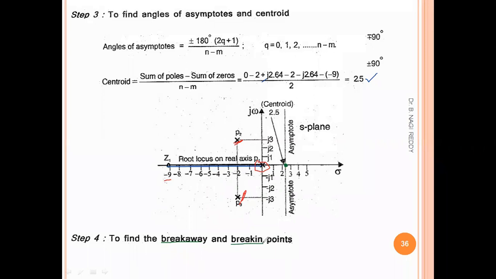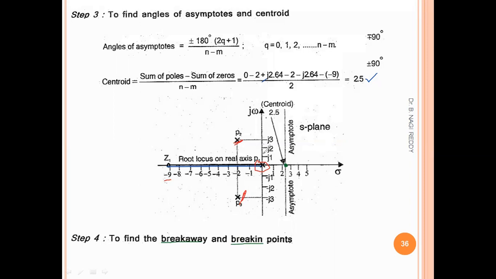According to the knowledge of poles and zeros, a breakaway point will come between two poles, and a break-in point will come between two zeros. But here there is a single pole on the real axis and a single zero on the real axis. The root locus on the real axis is laid between these two only.